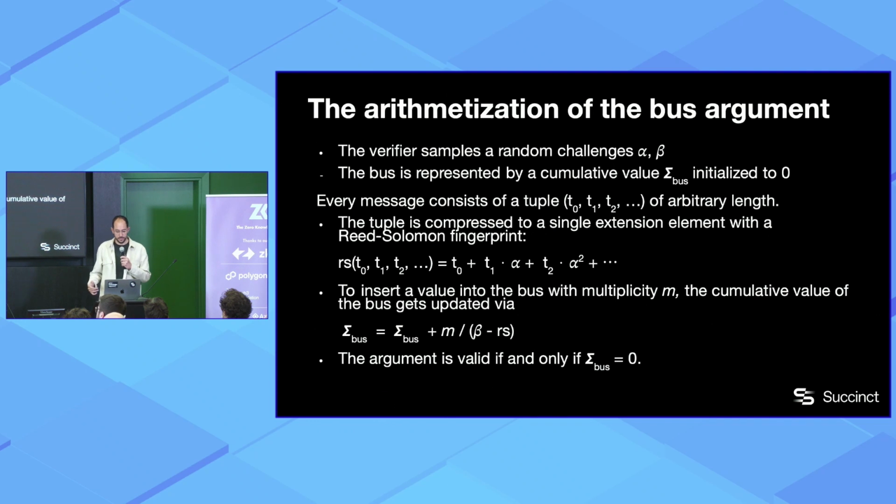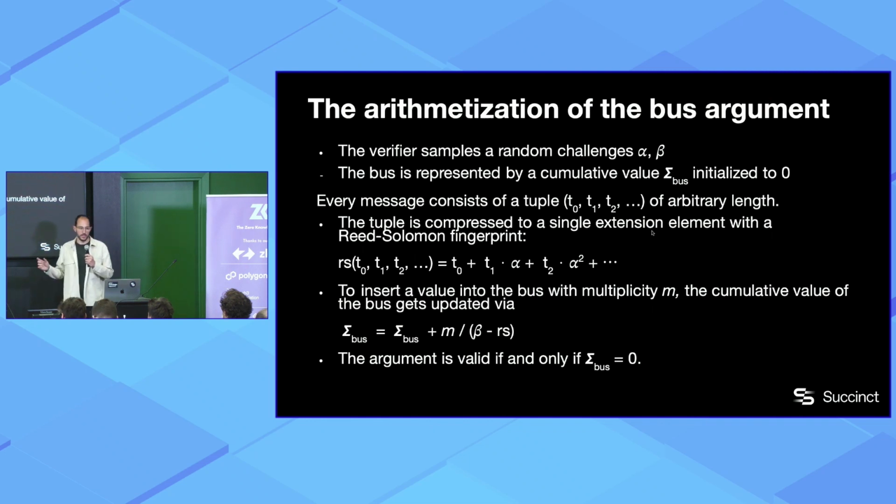I'm doing that by using verifier challenges. I'm getting 2 challenges from the verifier. The first challenge, alpha, I will use to fold the tuples into one value. These challenges are in an extension field; for Baby Bear, they're in a big extension field. So first, I fold these tuples into one extension element using alpha.